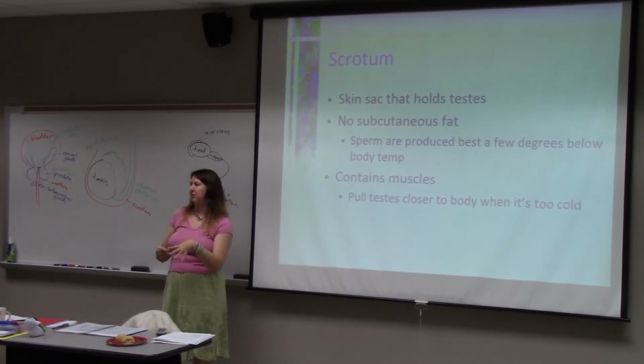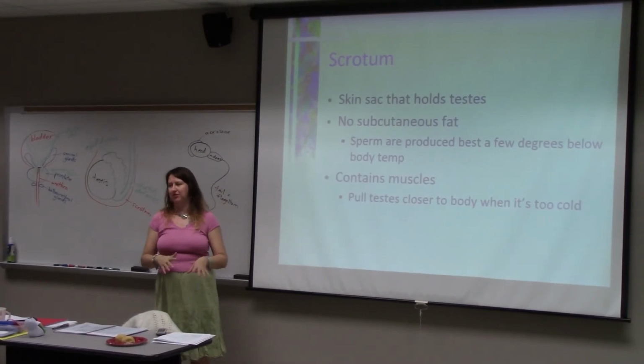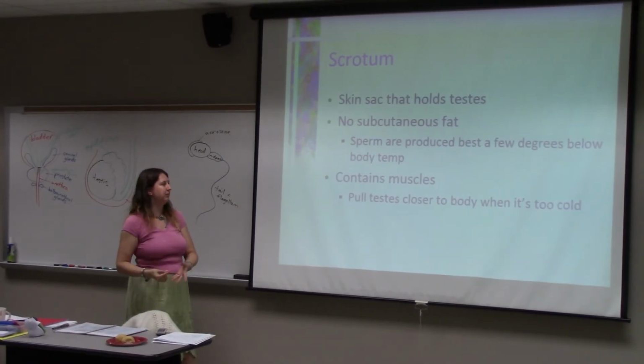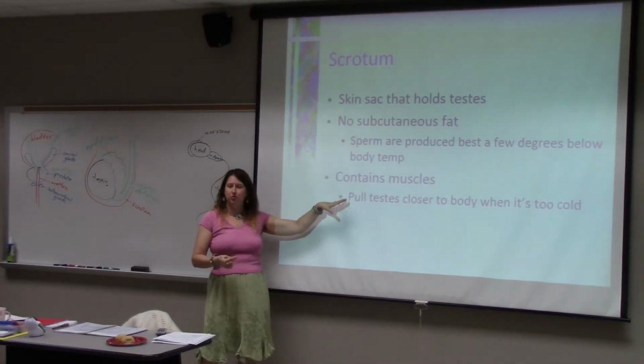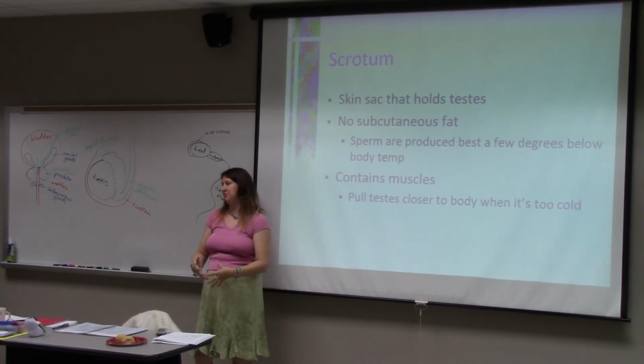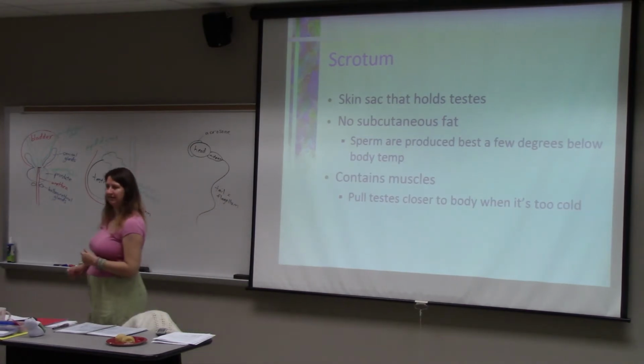Sperm production works best a few degrees cooler than body temperature, so they're held on the outside. You don't want too much insulation to keep them warmer. But if it gets too cold, there are muscles in the scrotum that can pull the testes closer to the body to keep them from getting too cold.